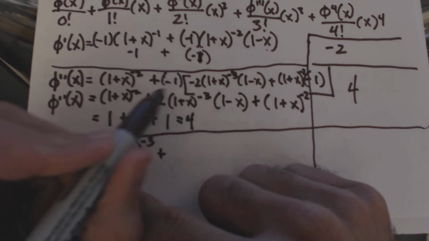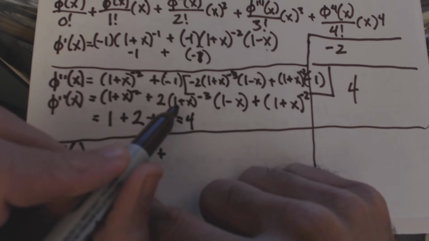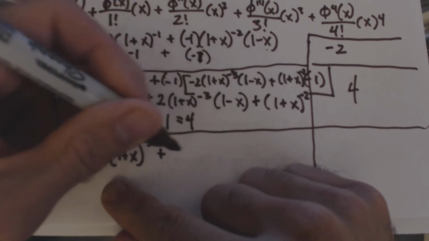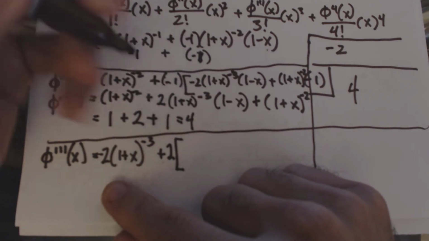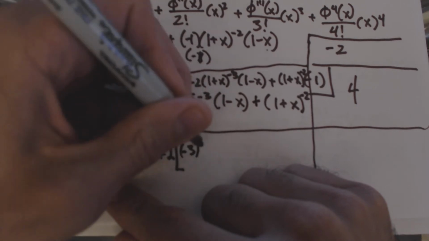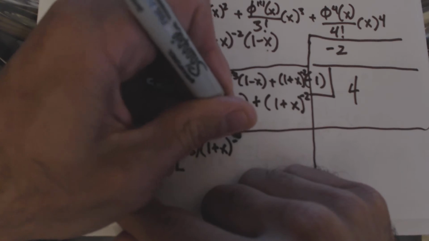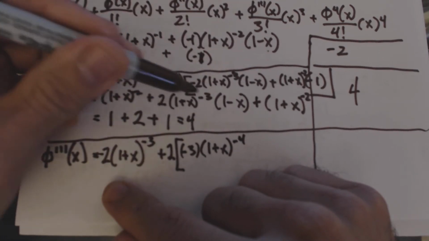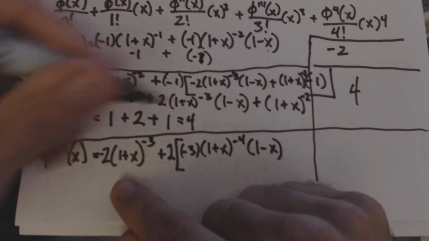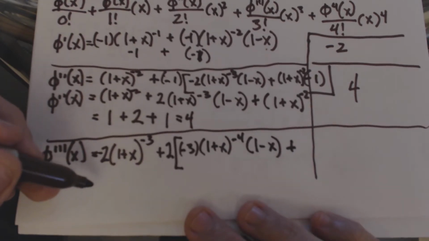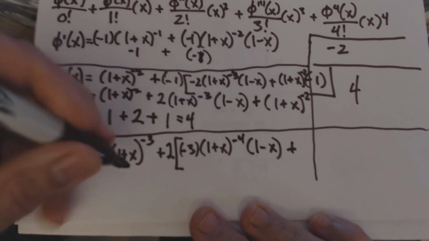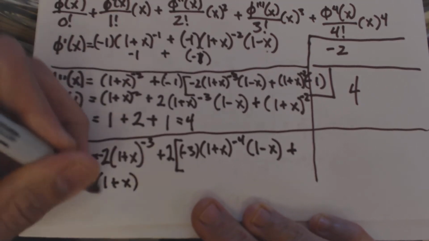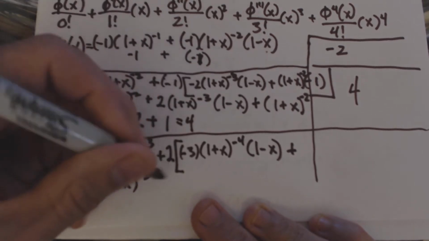Plus, the middle term here is again a product. So we need to use the product rule. So it's going to be 2 times, applying the product rule, we're going to have negative 3 times 1 plus x to the negative 4 power times the second function, which is 1 minus x, plus, I'm going to have to continue it on the second line, plus the first function, which is 1 plus x to the negative 3 power, times the derivative of the second function, which is negative 1.